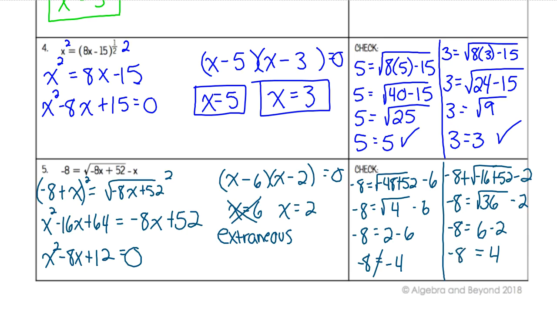So we can see that that also does not equal negative 8. So in this case, both solutions that we got are extraneous. So you do have to make sure you check both. It is possible in these situations that you could have no solution. It means that the radical function never intersects our vertical line at negative 8.